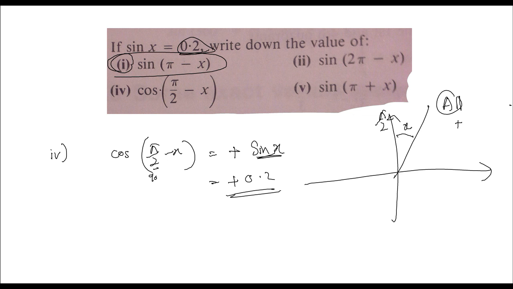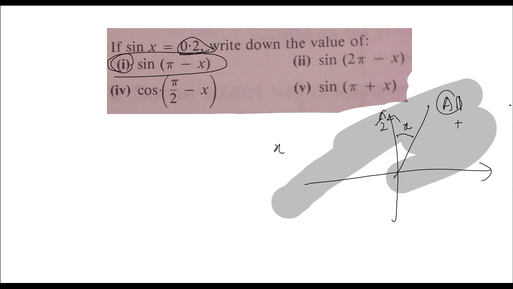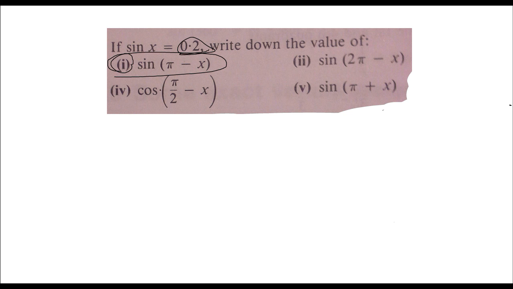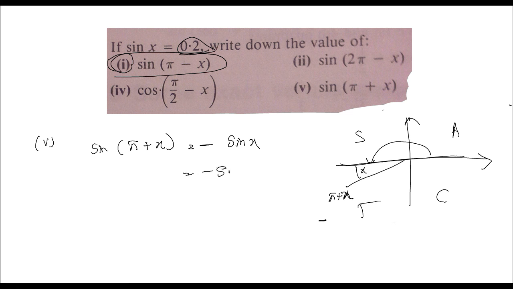Okay, question 5. Sine pi plus x. Again, in the quadrants, that's pi and x, so that should be pi plus x, which is in ASTC, so it's negative because it's negative for sine x, which gives me minus 0.2.